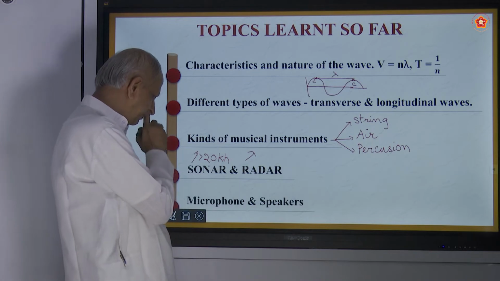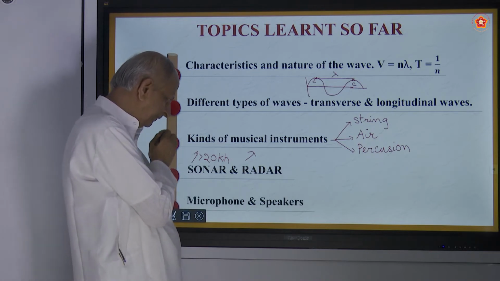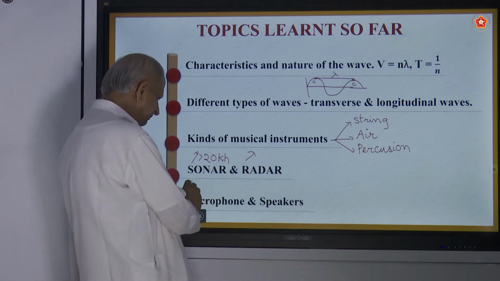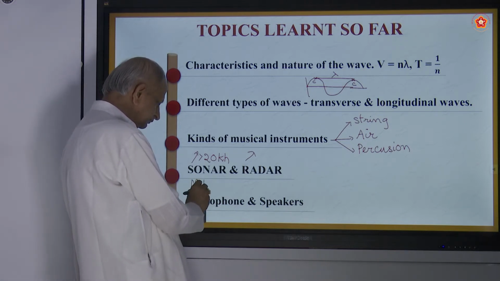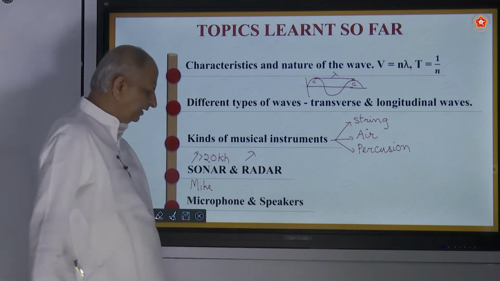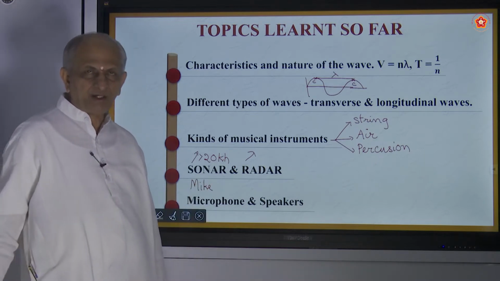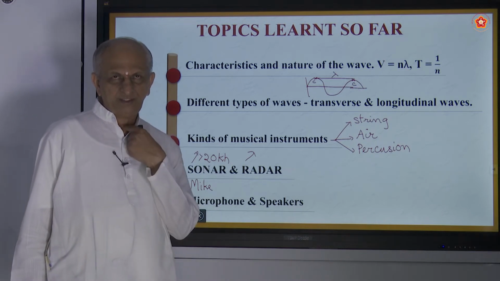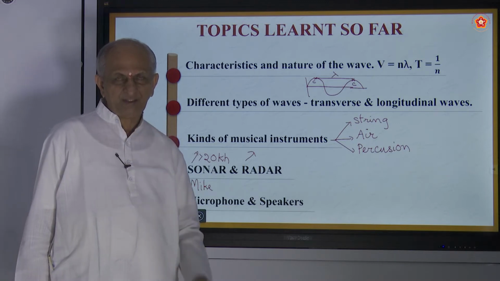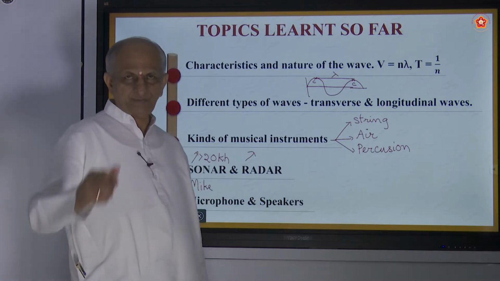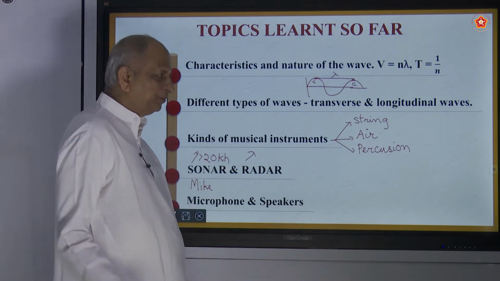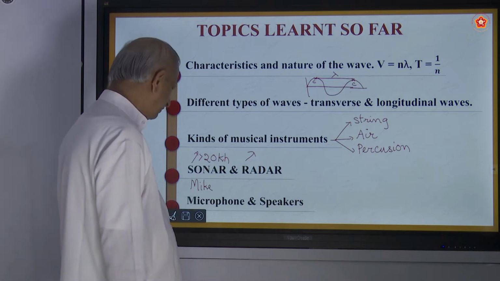And also we have studied about microphones and speakers. Microphone, shortly called a mic, is very essential in the case of a large audience, where the words coming from the mouth are not heard by the audience. If a mic is there, then the sound can go to different parts of the hall.